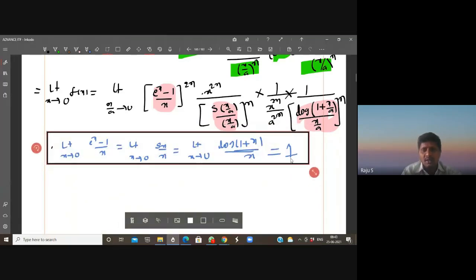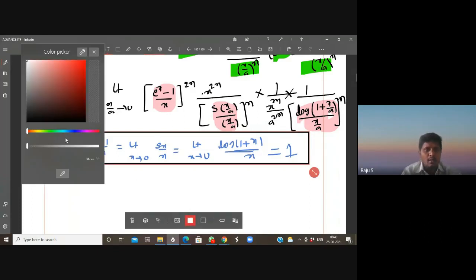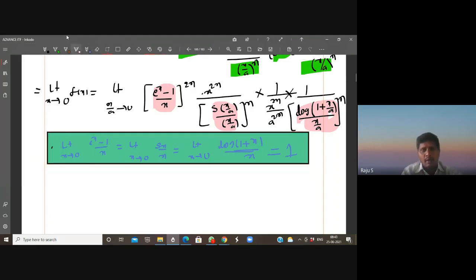See, with the help of this, clearly this is 1, this is 1, this is 1. What is the remaining value? And also anything will be cancelled here. X power 2n gets cancelled. What is the remaining value, students?